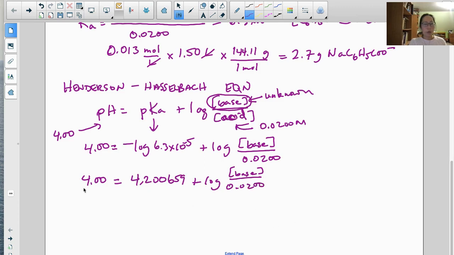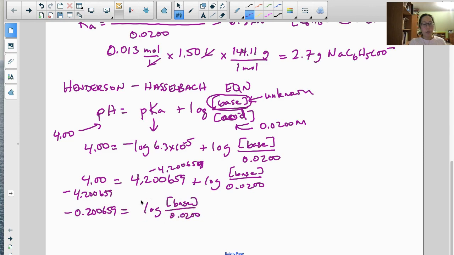All right, so now let's subtract this from both sides. So minus 4.200659. And when I do that, I end up with negative 0.200659. And that equals the log of base over 0.02.